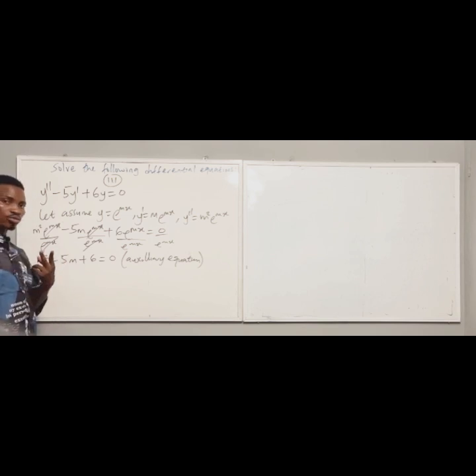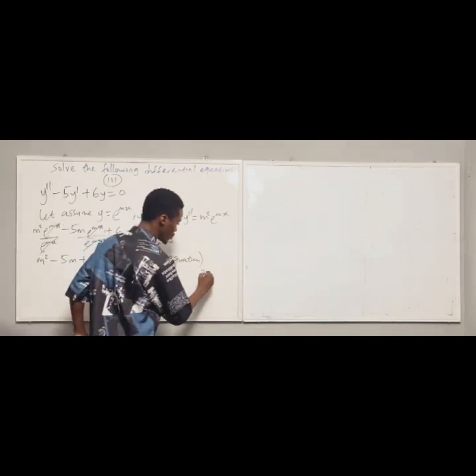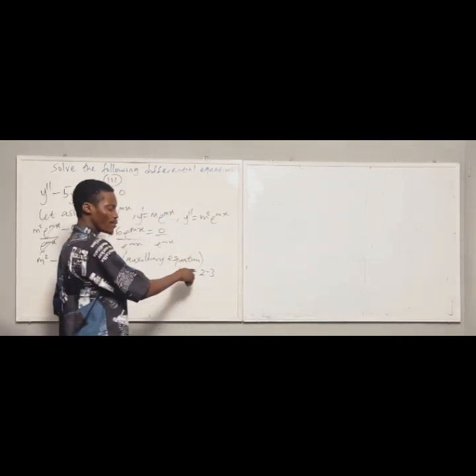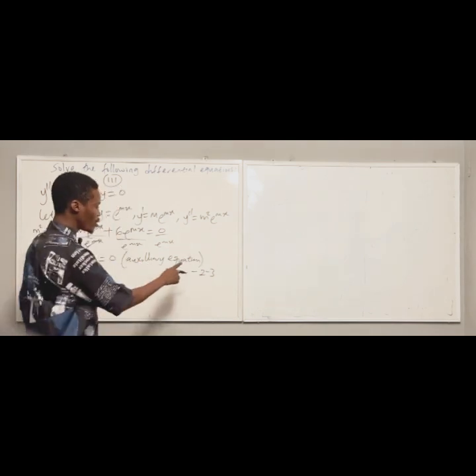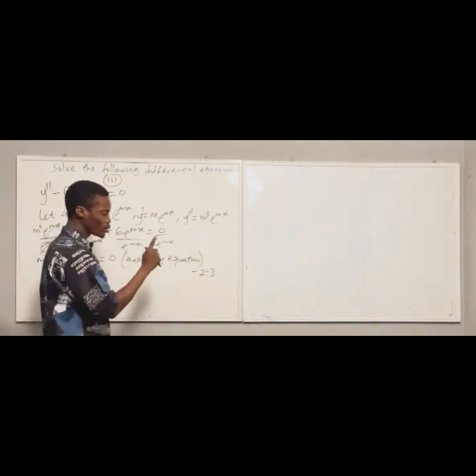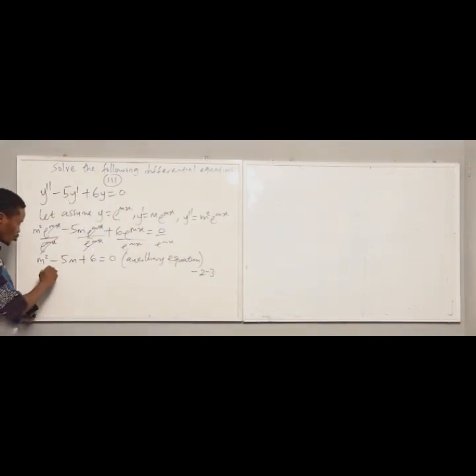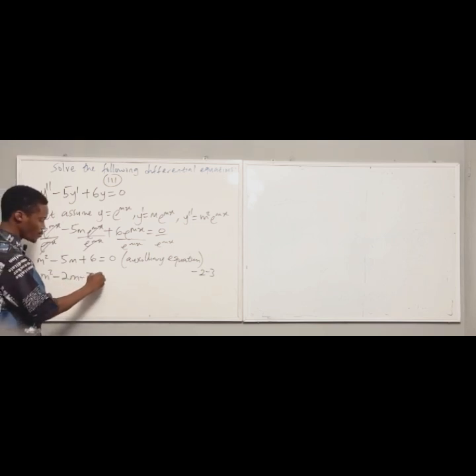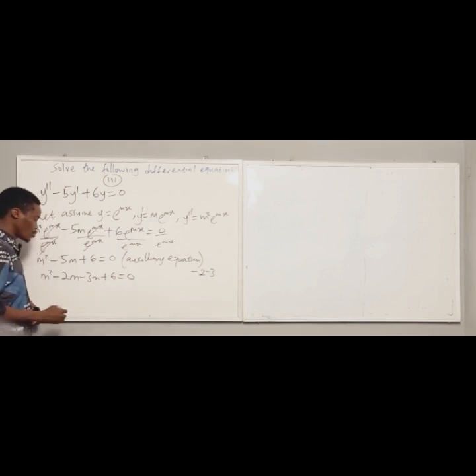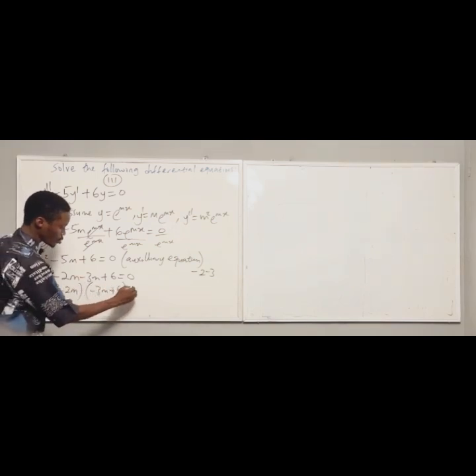I'm going to look for two numbers whose sum is -5 and whose product is 6. The two numbers are -2 and -3: the sum of -2 and -3 gives -5, and the product gives 6. So I will now have m squared minus 2m minus 3m plus 6 is equal to 0, and I can group it.